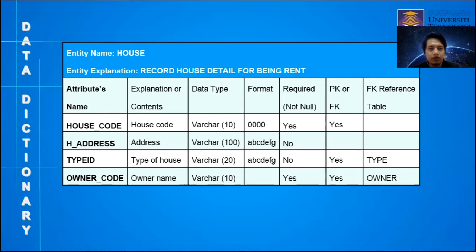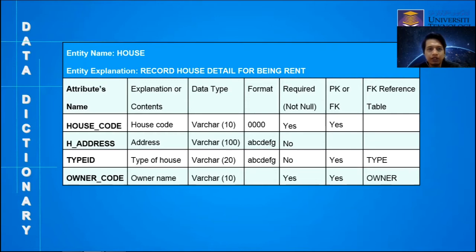So no blank values will be possible in this attribute. It must have data in here. And for the rest, house address and type ID can be null values, but for the owner code, it will be the same as the house code. Must have values inside these attributes.